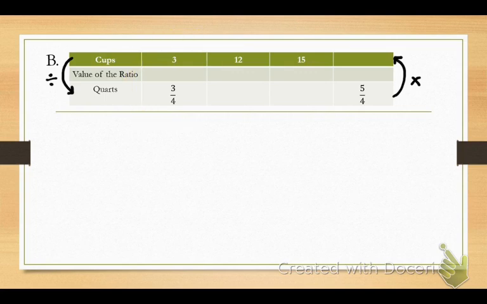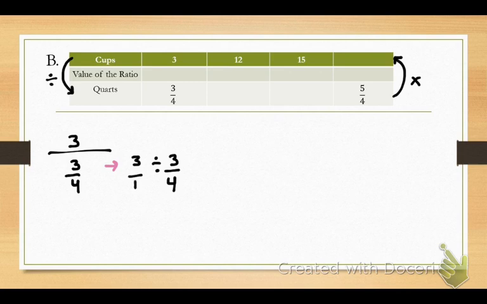So let's go ahead and just do some work right here. We're going to do 3 divided by 3/4. When I do that, remember there's another way that I can write that. 3 divided by 3/4. What should I do to that first 3? What number can go underneath it?